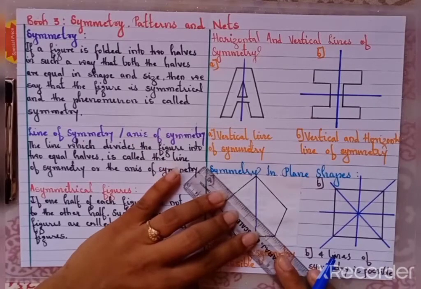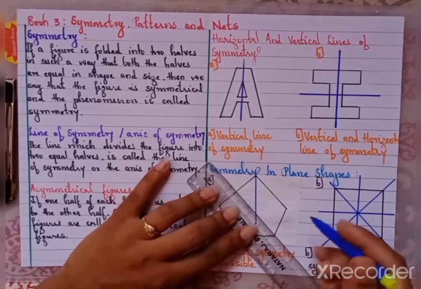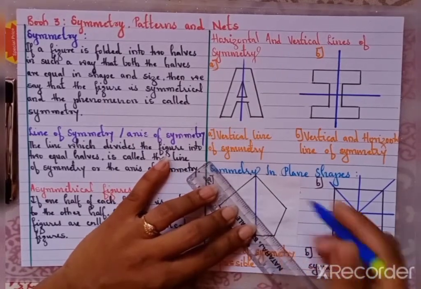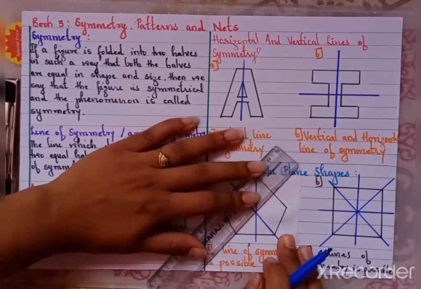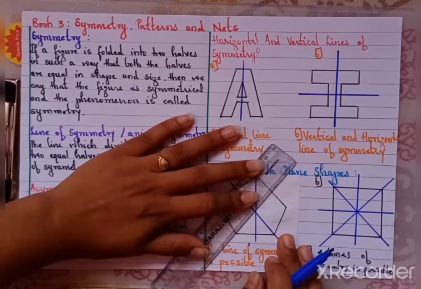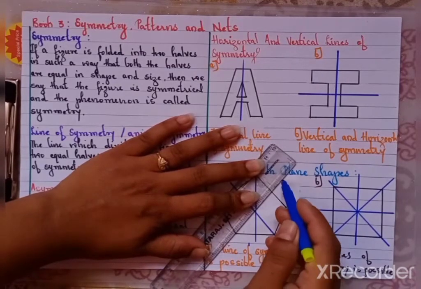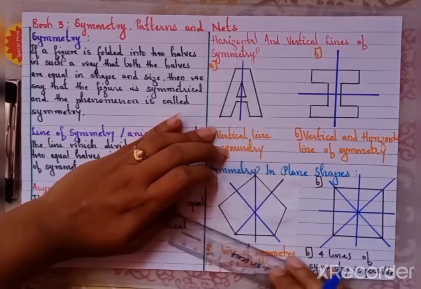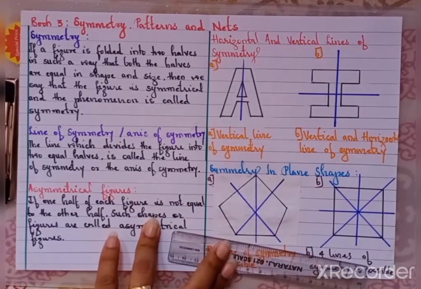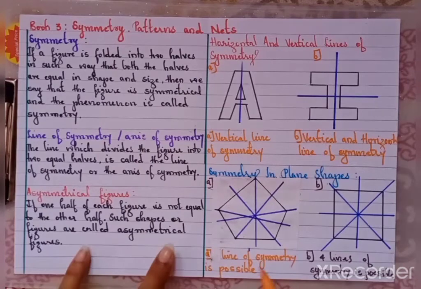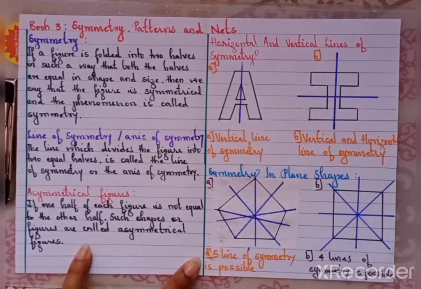Then we can draw a line of symmetry this way. Then we have to draw this way. So in this way, it has 5 lines of symmetry.